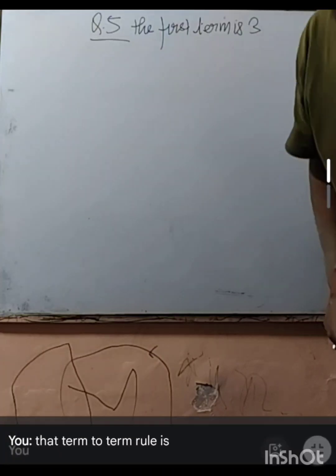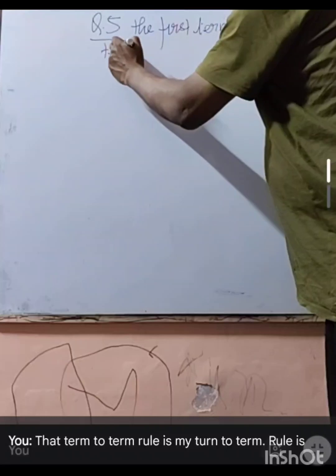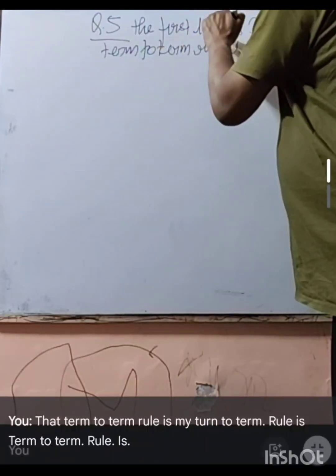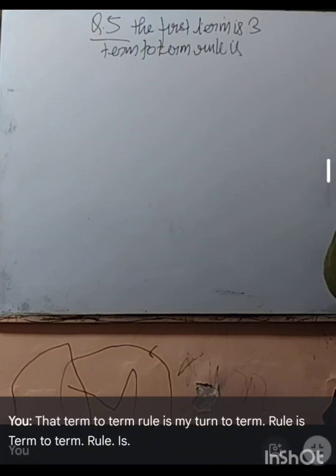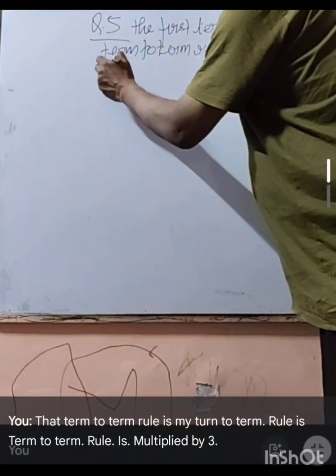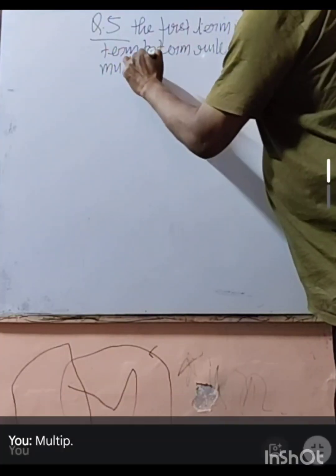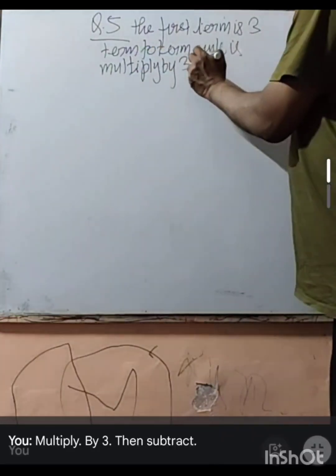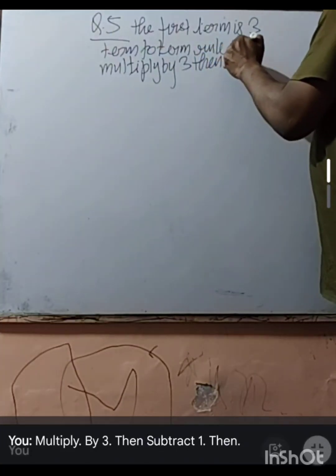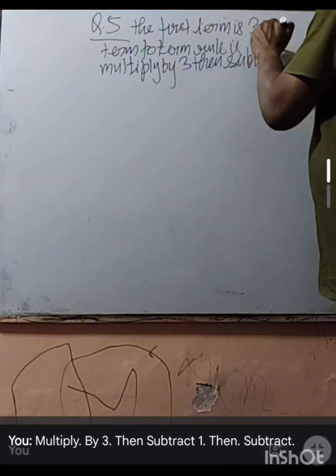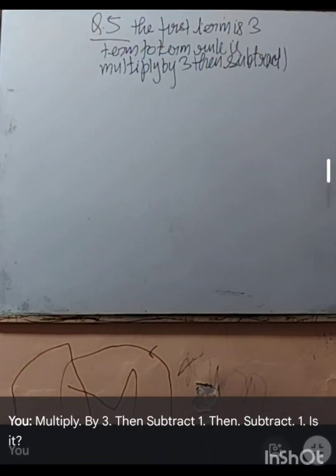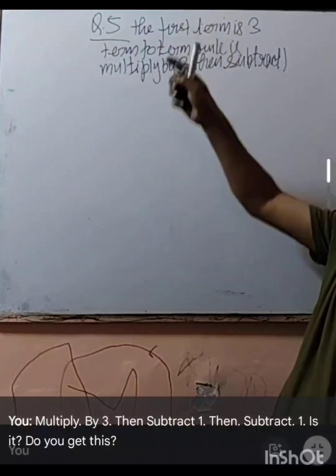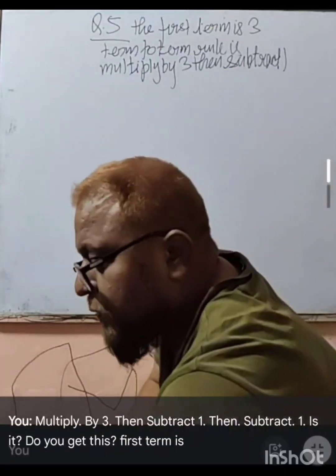The term to term rule is multiply by 3, then subtract 1. Do you get this? First term is 3.